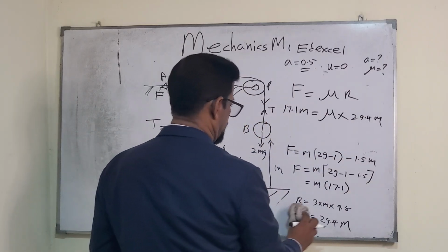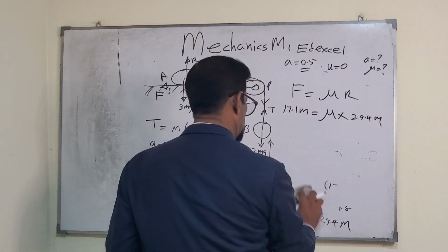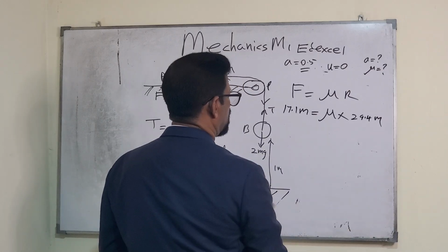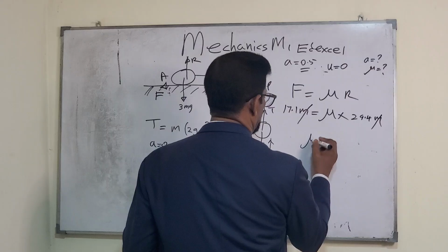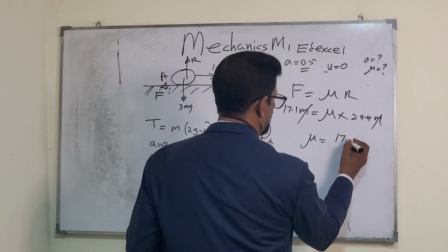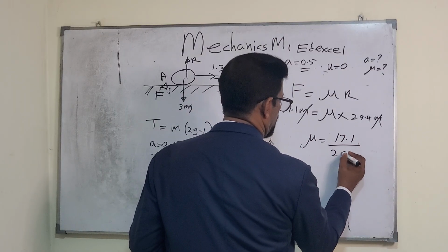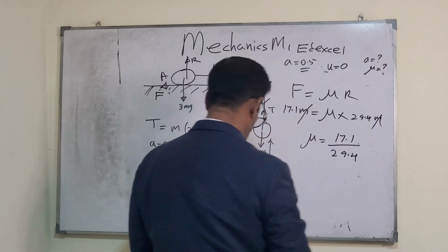Right, now we are going to erase this. Now m cancels, so mu equals 17.1 over 29.4.